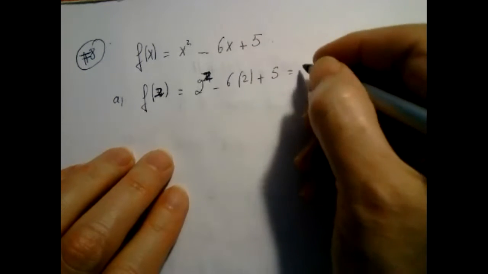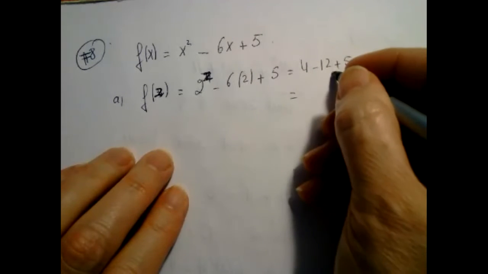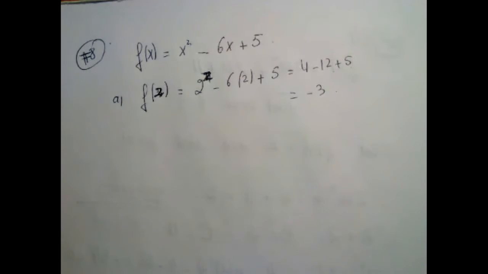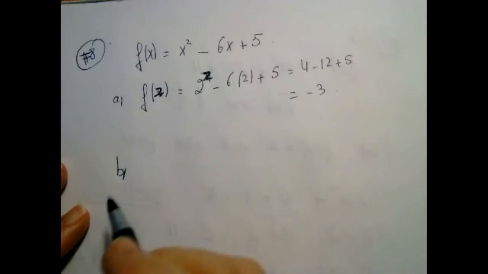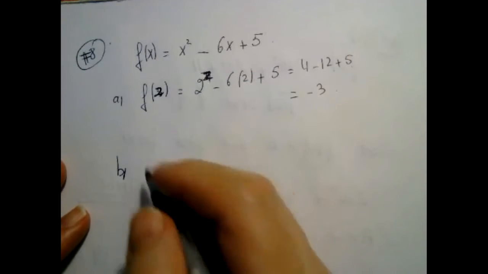That's 4 minus 12 plus 5, which is minus 8 plus 5, which is minus 3. Okay, that's f of 2. I know the question is D, but I can't answer D without B. I have to answer B. What are the coordinates of the vertex?